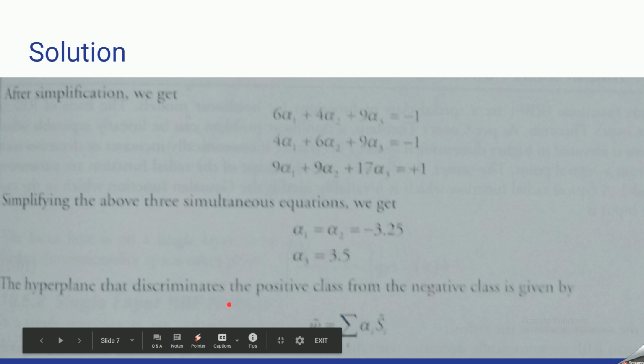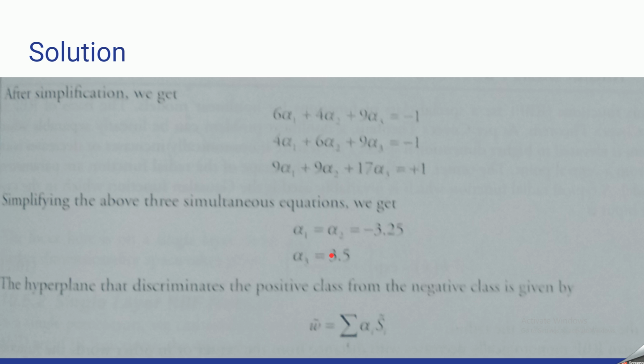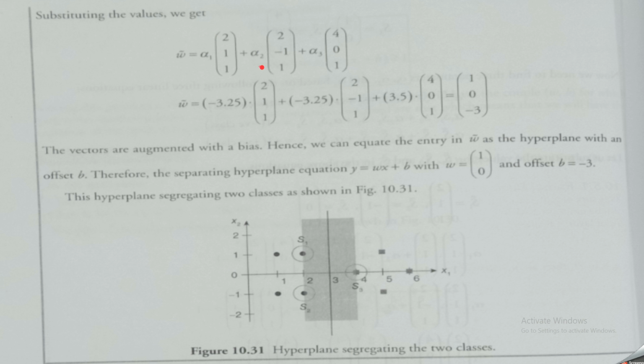The hyperplane that discriminates the positive class, that is your S3, from the negative class is given by W dash equals summation i equal to 1 of alpha i into S i dash. So we substitute the alpha 1, alpha 2 and alpha 3 values with S1 dash, S2 dash and S3 dash, and we get W dash.